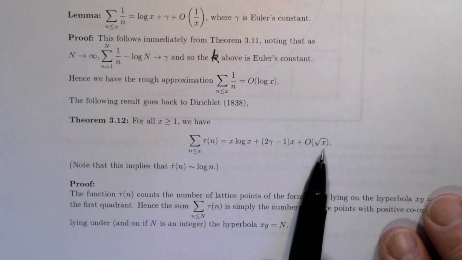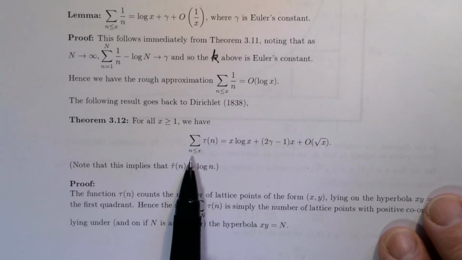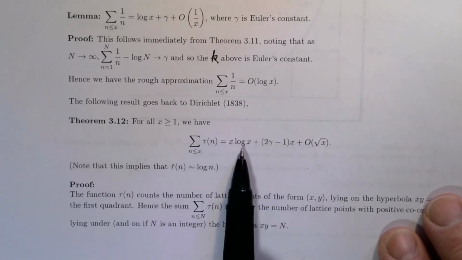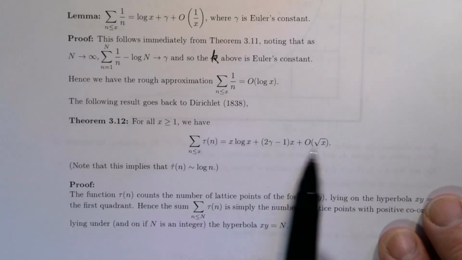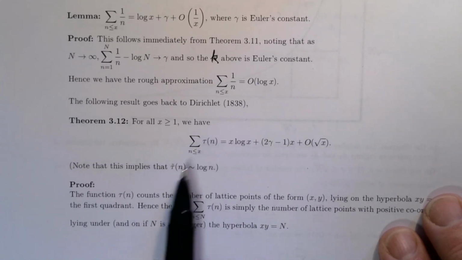Now that means that the average value of this, if I divide by x, is log x plus a constant plus big O of 1 over root x, and that tells me that the average value of tau is roughly log.